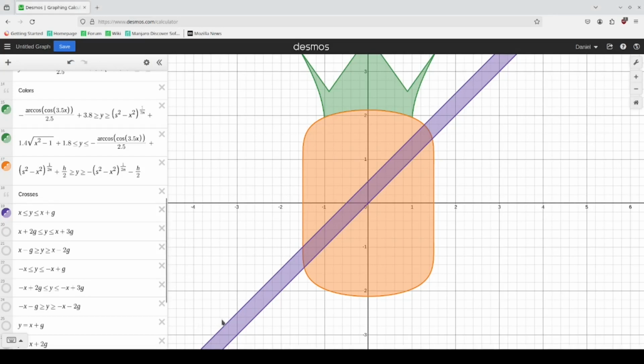To find the boundaries, we find ourselves again in this situation where we need to draw this in 3 pieces. For starters, let's start with the small number here, 1.282.